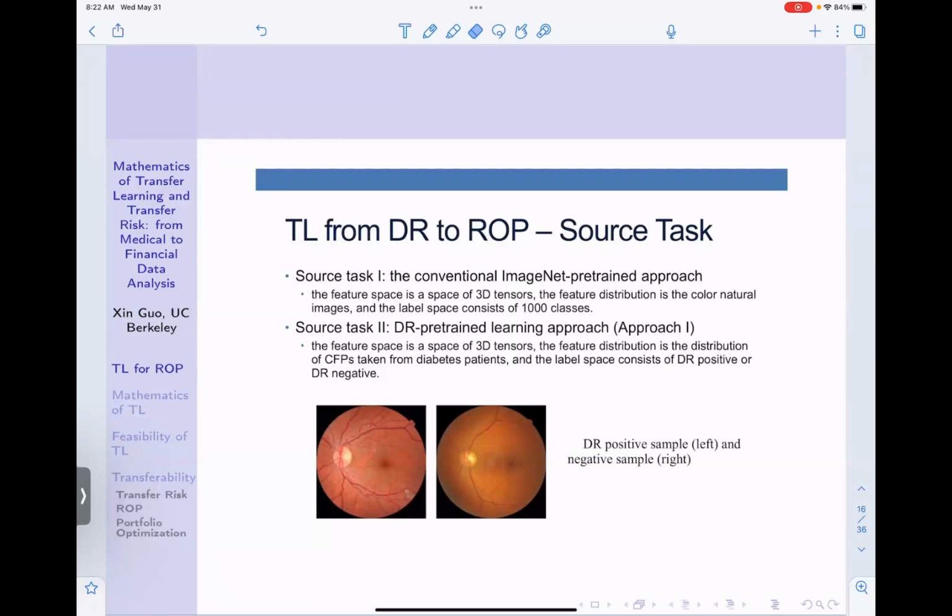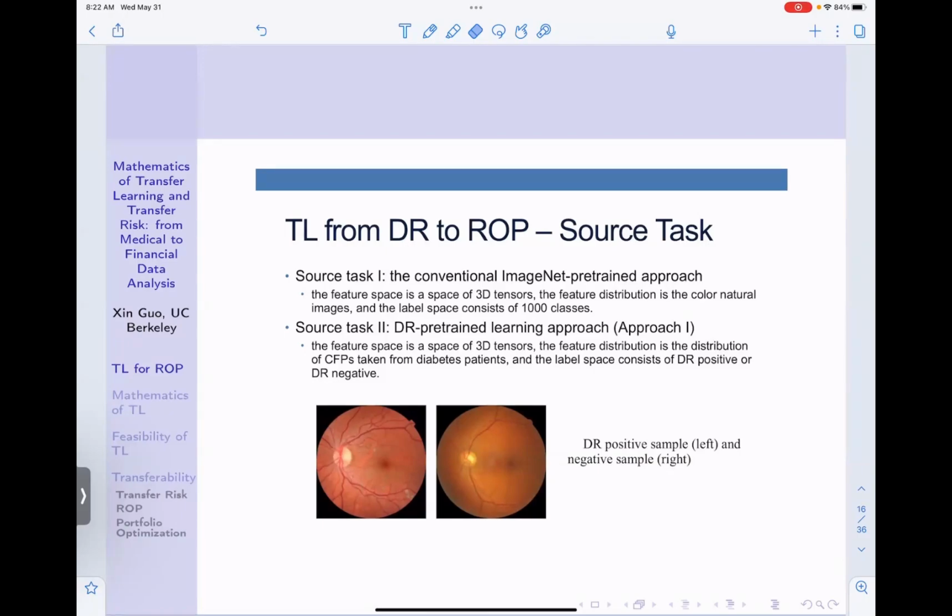To our surprise, in medical image analysis, transfer learning had already been exercised for over 20 years. However, the interesting thing is that in the medical field, what they did was not look at similar diseases such as DR for ROP. What they did was look at millions of very generic pictures of landscapes or animals and everything.